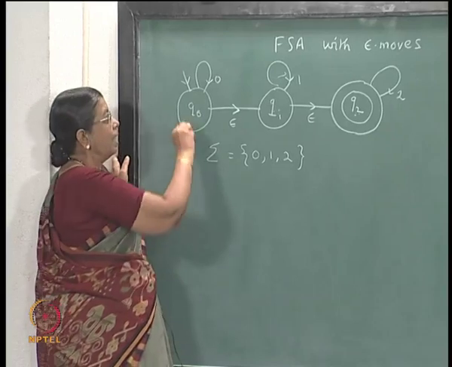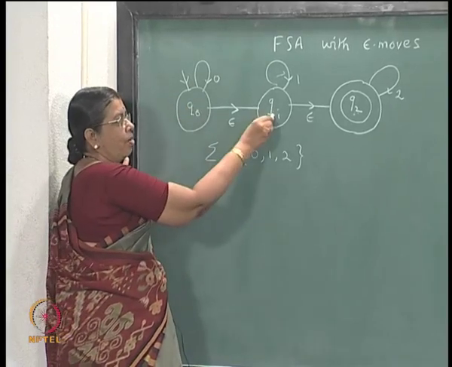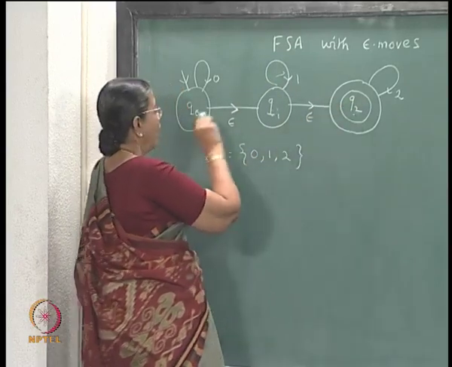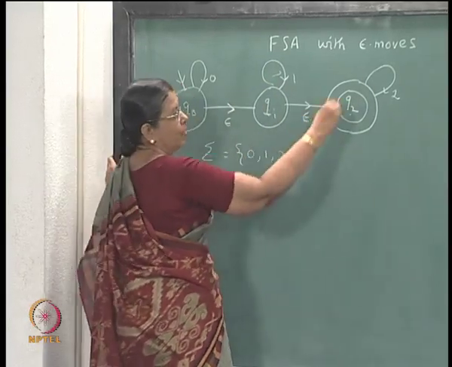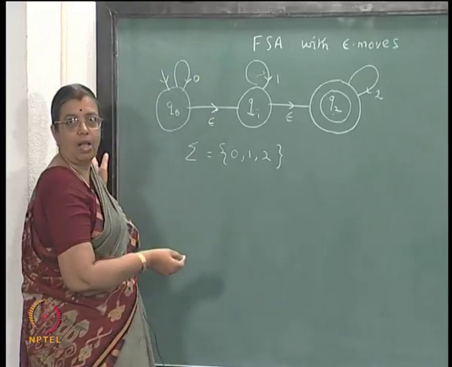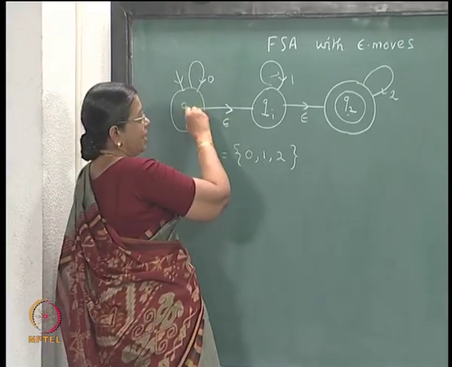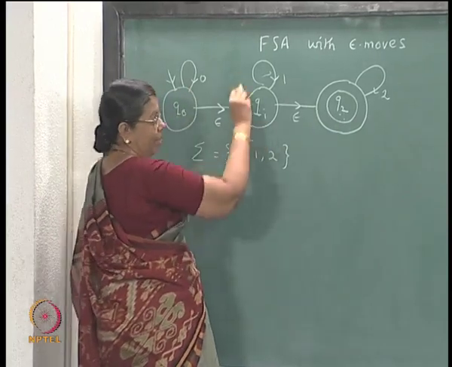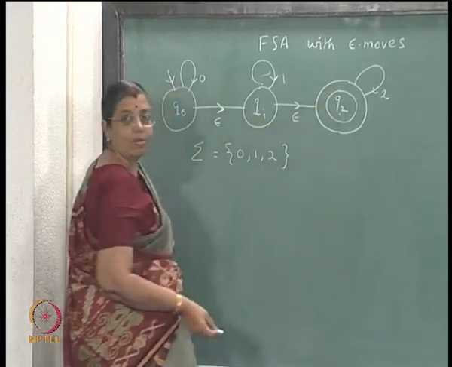You need not read a 0 also, straight away from Q0 to Q1 you can go and read only 1s and 2s, or you can just read 0s and 2s alone, or you can just read 0s and 1s and go to Q2. You can just read 0s alone, 1s alone, or 2s alone.